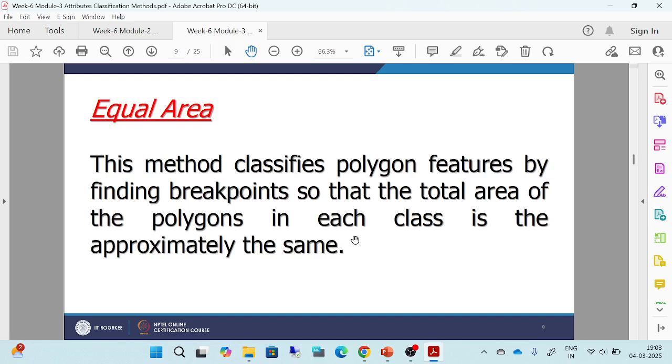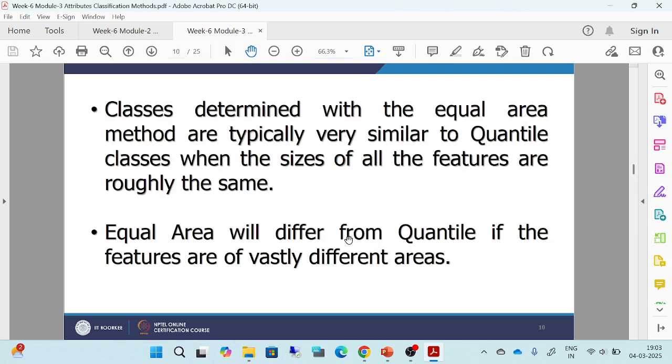This is the fourth method that we are discussing, and you can apply this on the raster data by finding the breakpoints. Classes determined with the equal area method are typically very similar to quantile classes when the sizes of all features are roughly the same. Equal area will differ from quantile if the features are of vastly different areas.